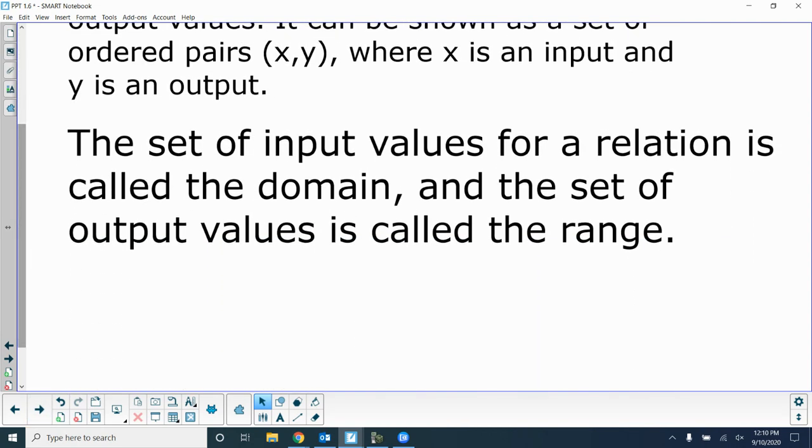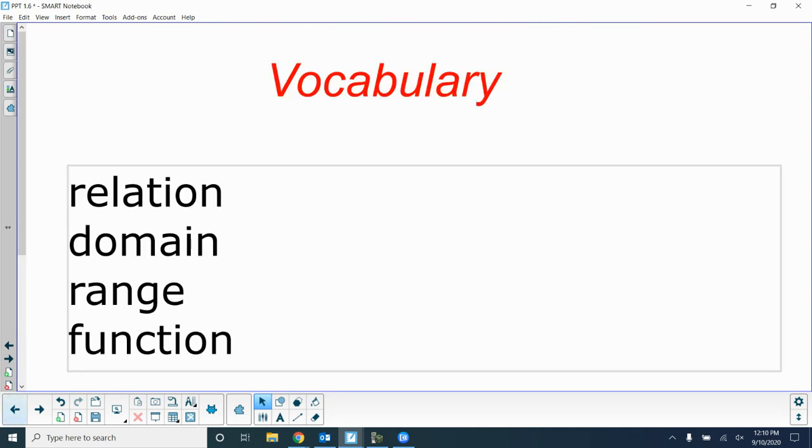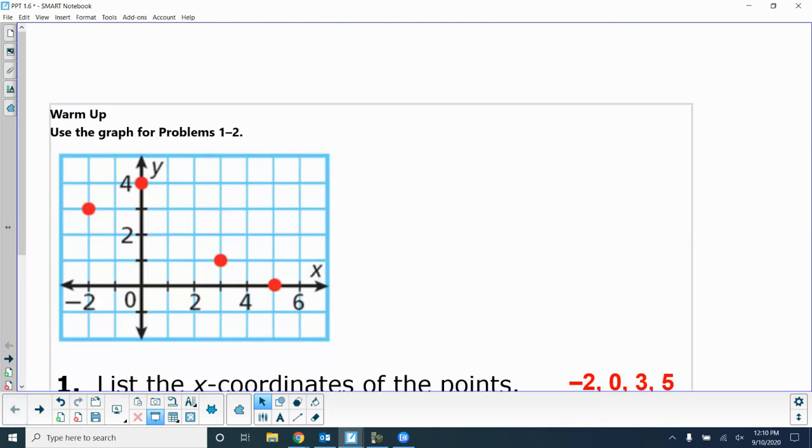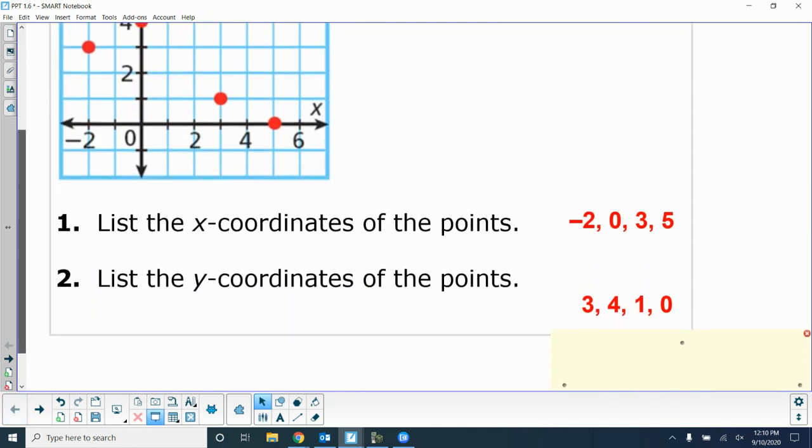The set of input values for a relation is called the domain, and the set of output values is called the range. So the domain is the x values, and the range is the y values. So going back to that warm-up, our domain is those four numbers, and our range is those four numbers.